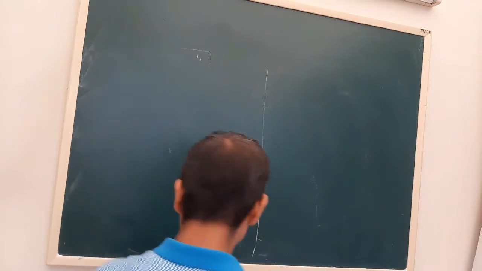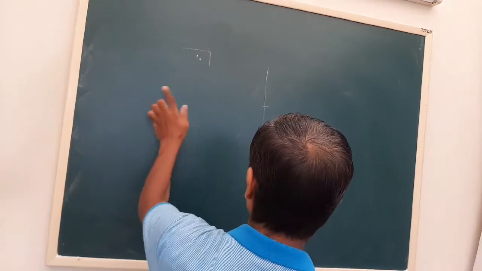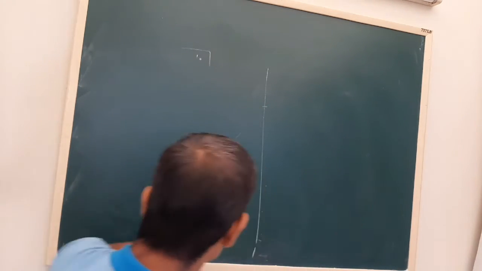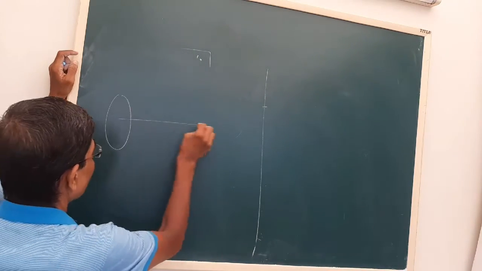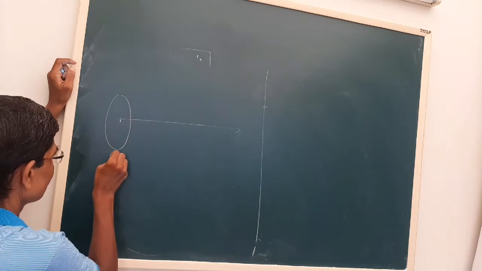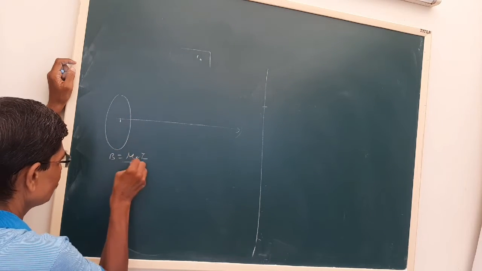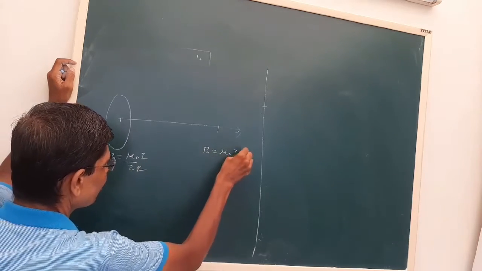Now one more question that I have to discuss is at what distance. This is sometimes asked in the competitive exams also. See, this is the axis of the ring. See at center, B is mu 0 I upon 2R. On the axis, mu 0 I R square over the denominator.